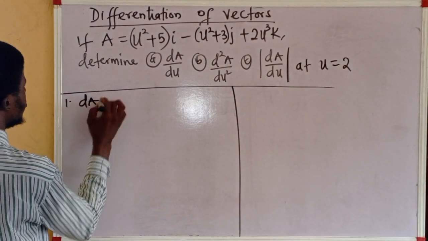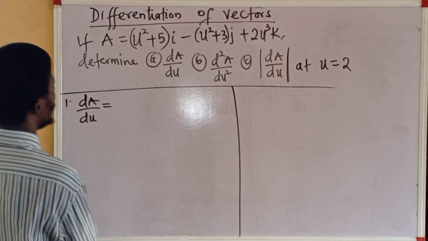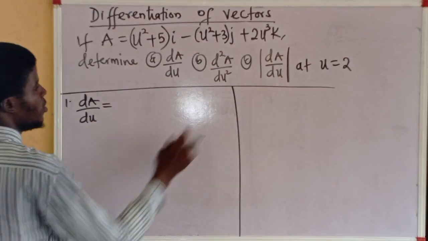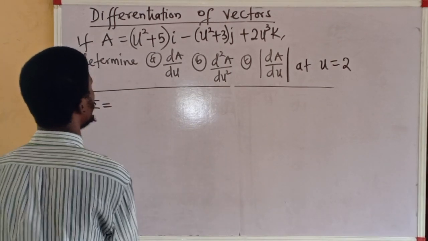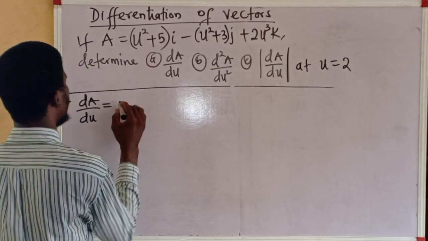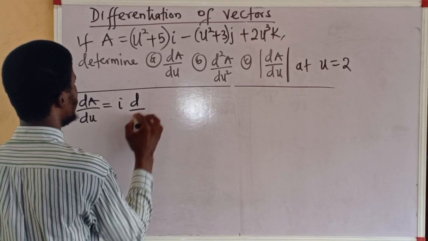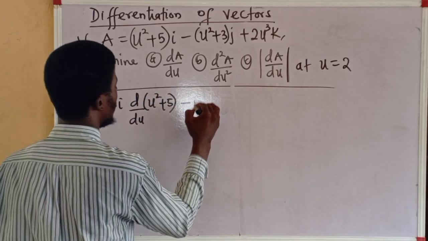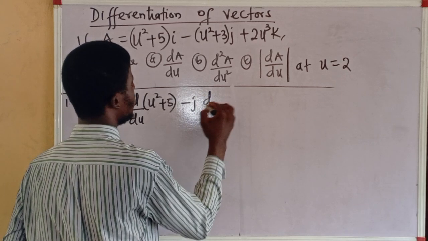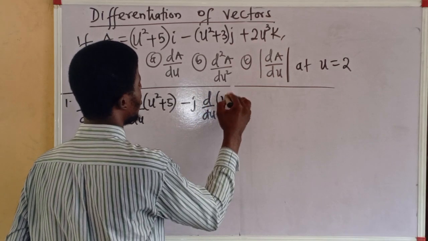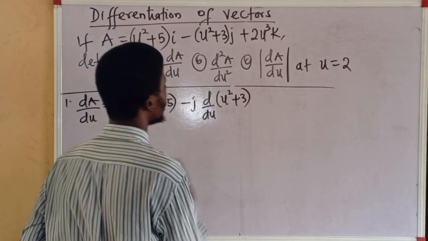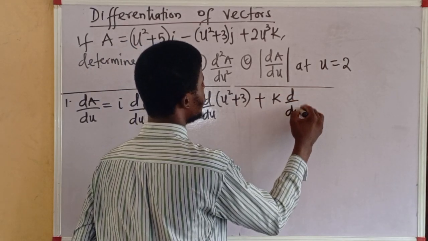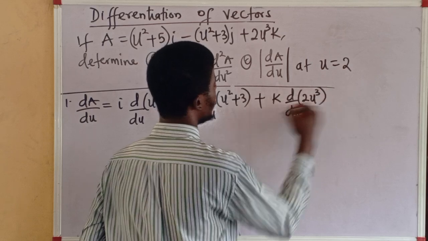What is dA/du? We are going to differentiate each of them here. So dA/du is equal to i d/du of (u squared plus 5) minus j d/du of (u squared plus 3) plus k d/du of 2u cubed.